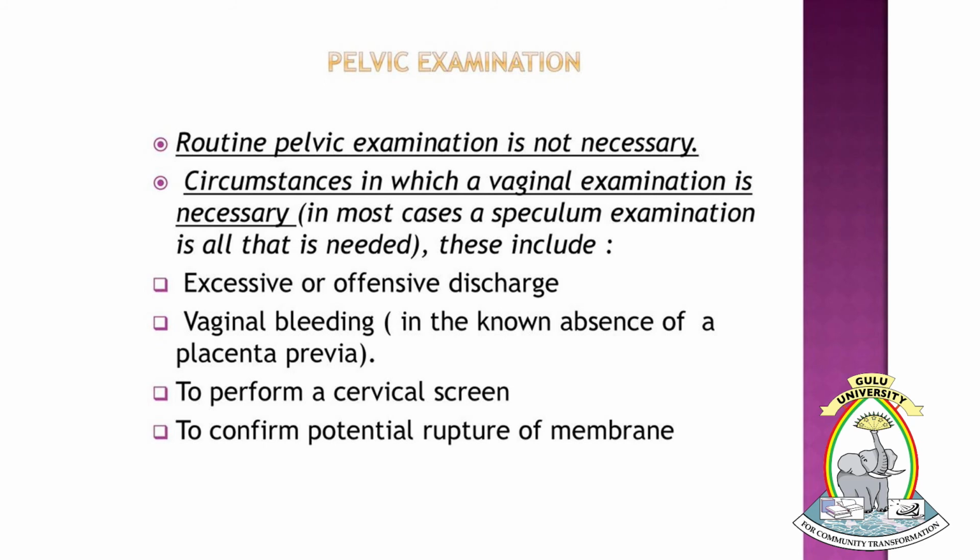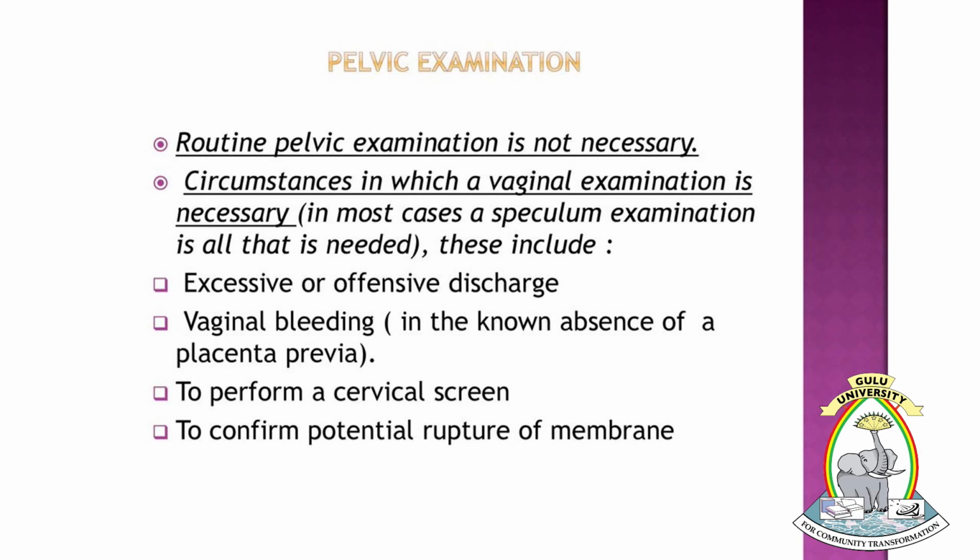You may also need to do a pelvic examination. Not routinely, but it's important to consider doing it. And there are conditions that make it a requirement for you to do a pelvic examination. Like if someone has an offensive or excessive vaginal discharge, it's important for you to do a vaginal examination.